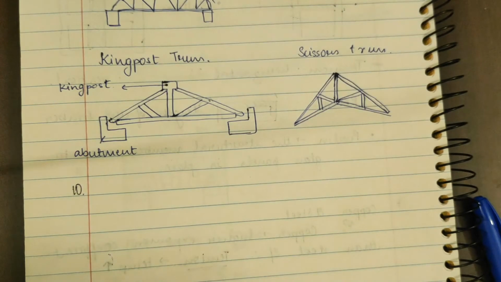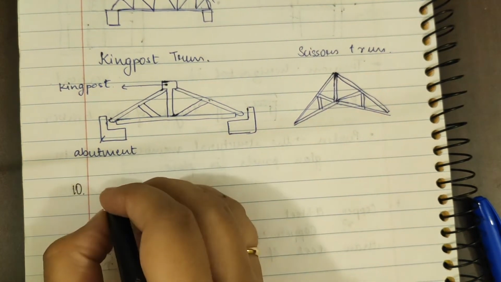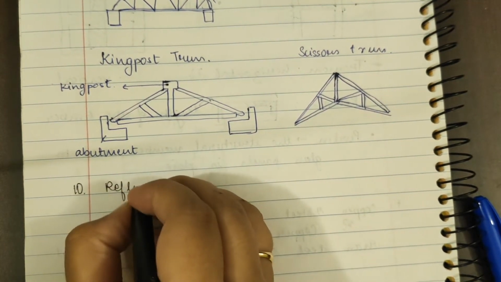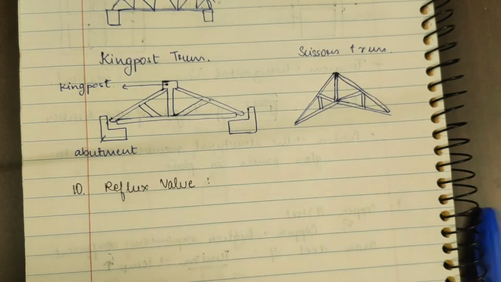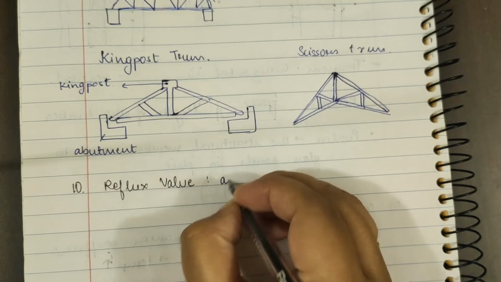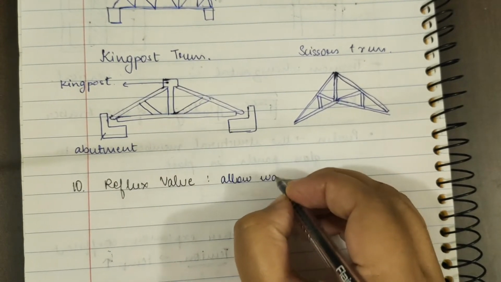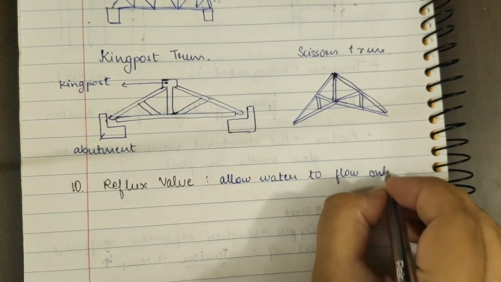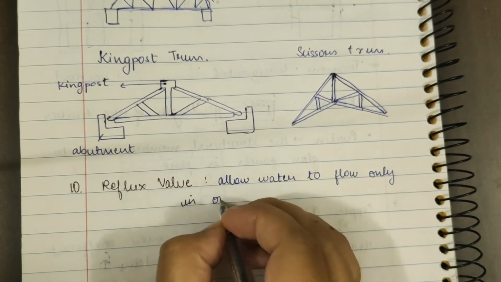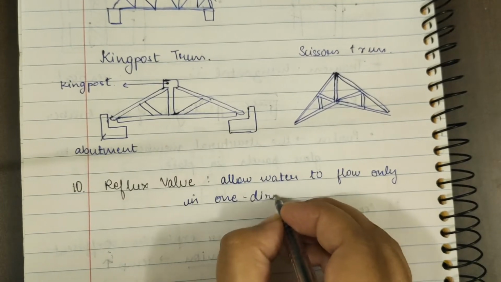In water supply systems, the reflux valves allow water to flow in one direction only, in both directions, through air-locked joints, or under only low pressure. Reflux valves basically allow water to flow only in one direction.